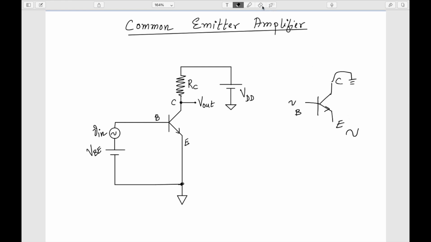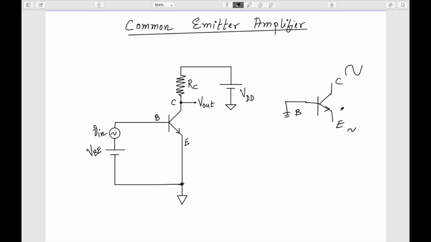The other type of configuration is where we ground the base and provide the input at the emitter and then see the output at the collector. This is called common base, because I am grounding the base this time.